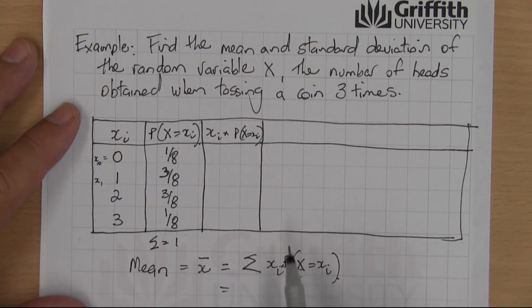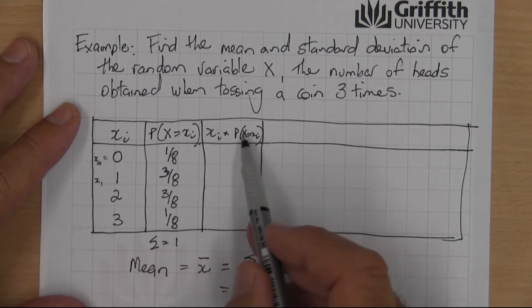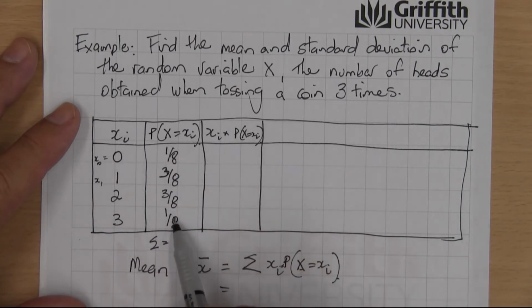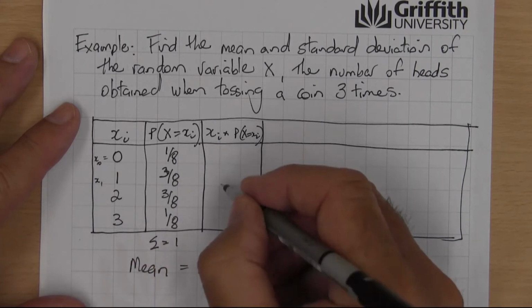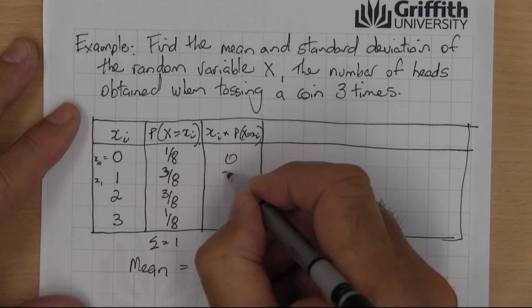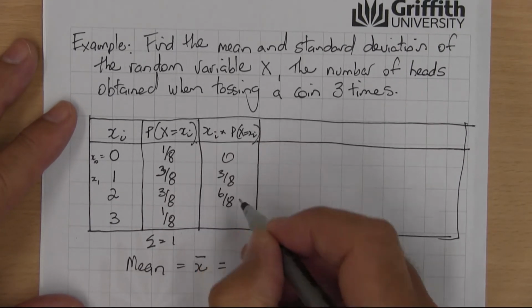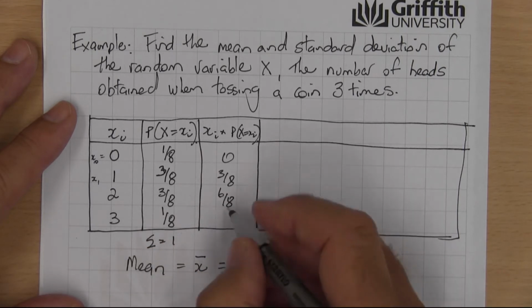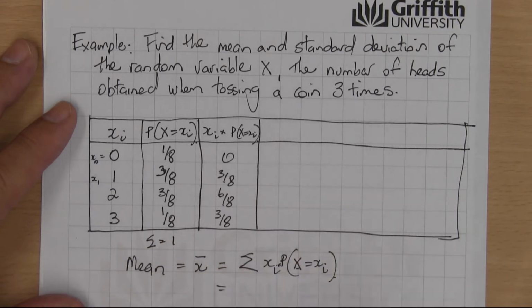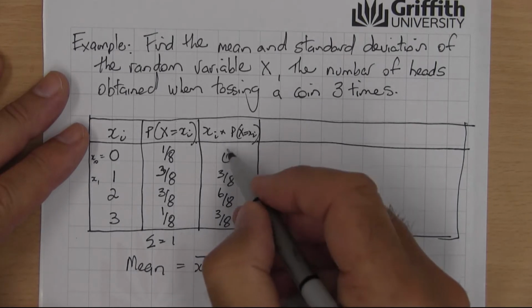Then we've got to add them up. So we're going to multiply the first column, which is xi, times P(X = xi), which is this column. So 0 times 1/8 is 0, 1 times 3/8 is 3/8, 2 times 3/8 is 6/8, and 3 times 1/8 is 3/8. So the summation means we've got to add up this column.